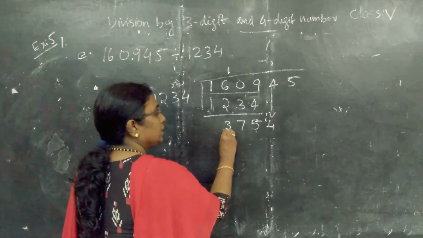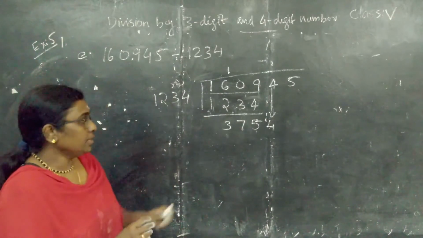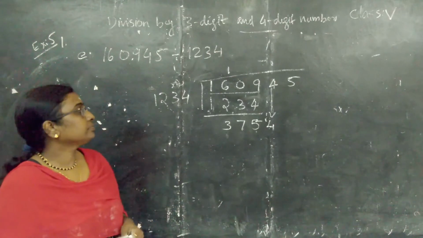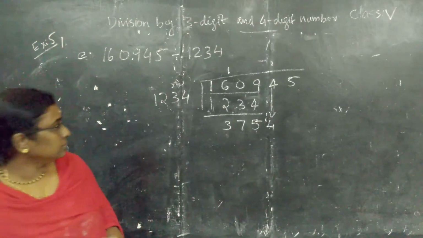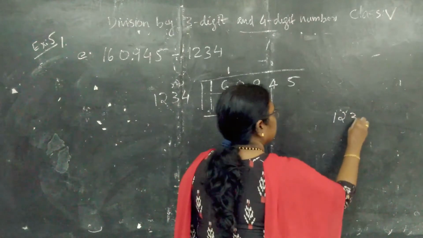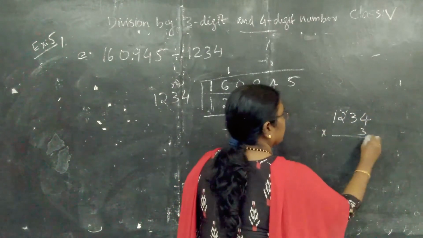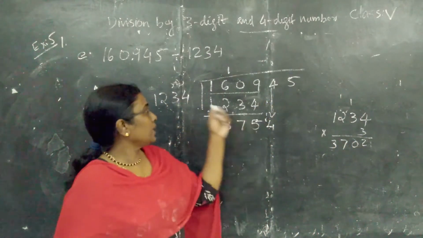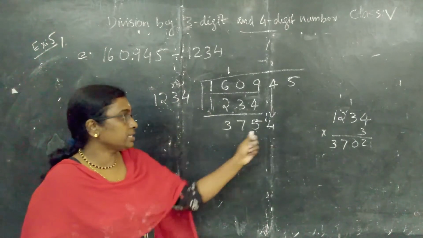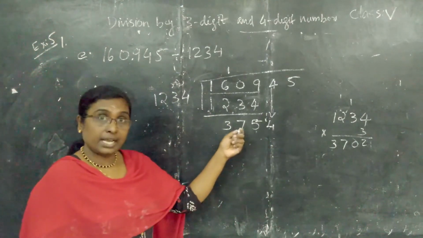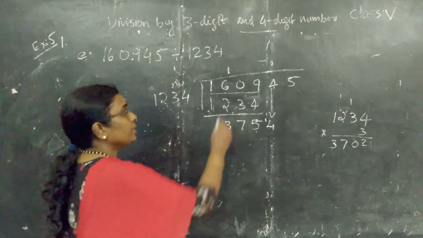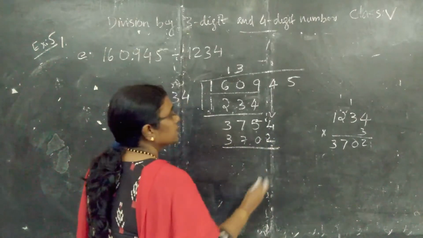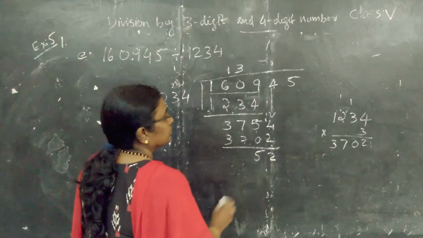Now the dividend becomes 3,754. Now divide this number by this divisor. Okay, how many times? 1,234 into 3 is 3,702, which is less than this number. So how many times? 3 times. 3,702. Then again subtract, 52.